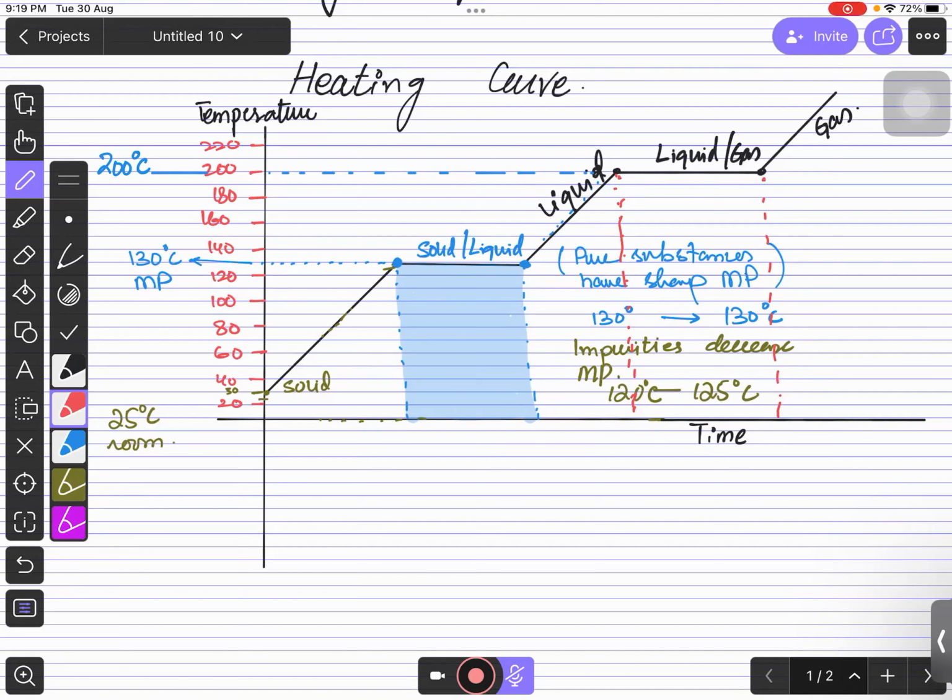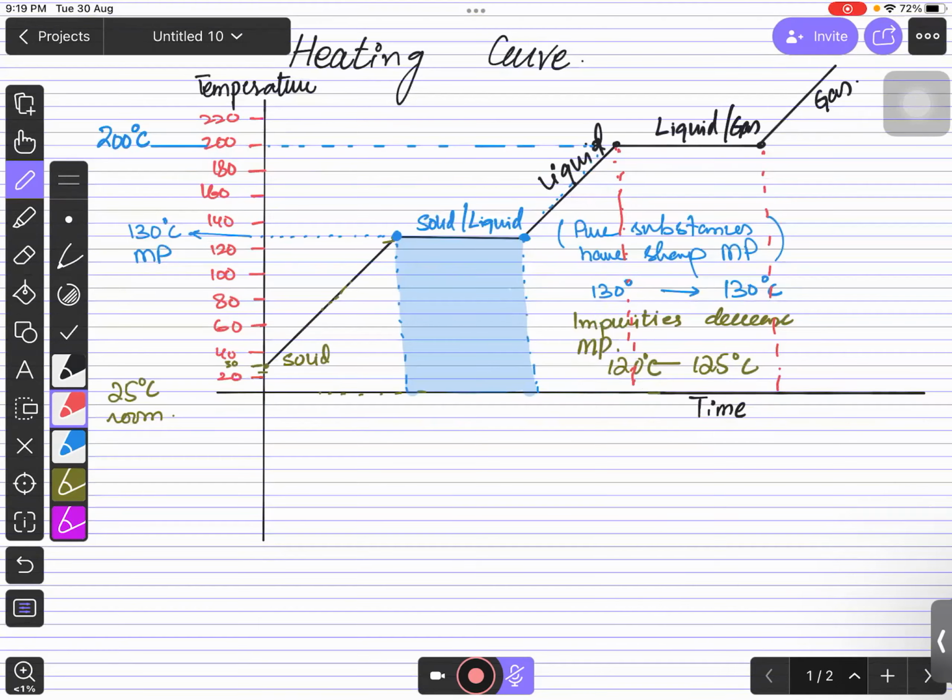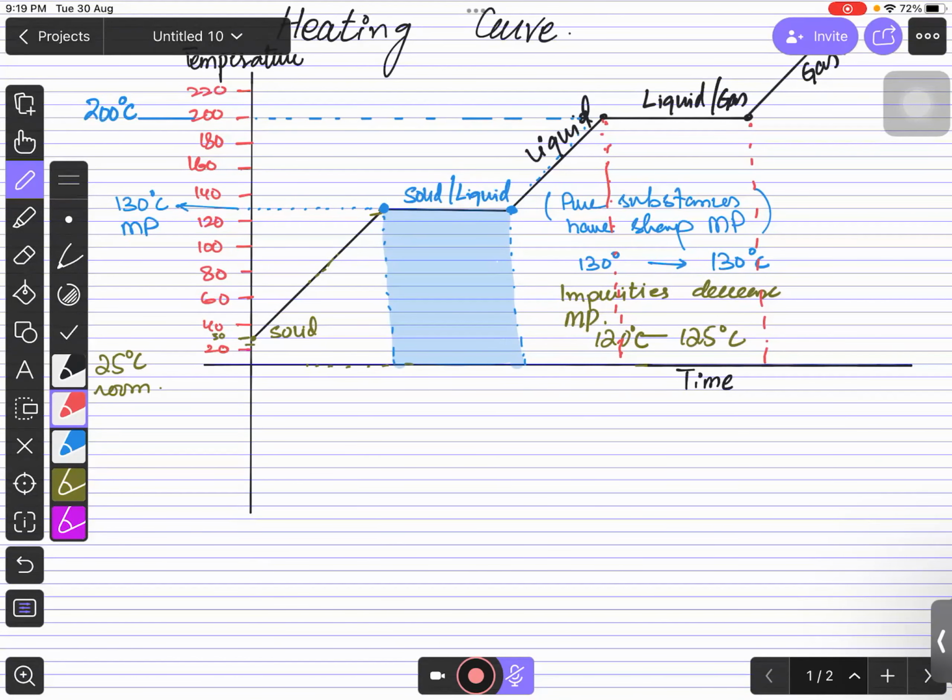And the second important thing that you need to remember, bachcho, is that if any substance is pure, its melting point and boiling point will be sharp, right? So if the substance is pure, it has a sharp melting point, and it will also have a sharp boiling point.